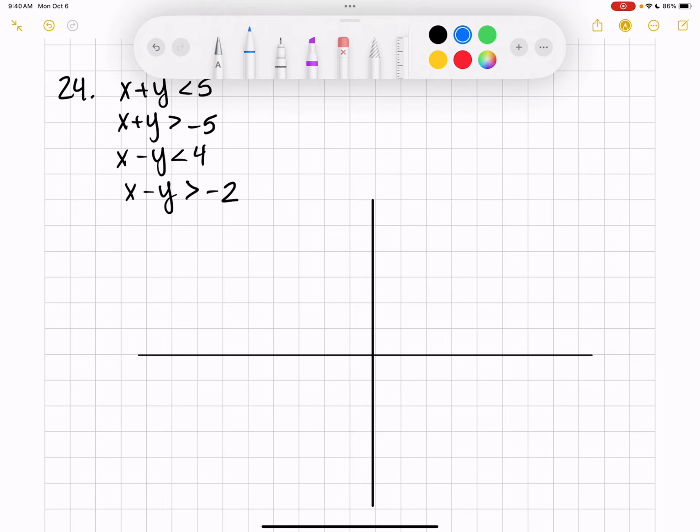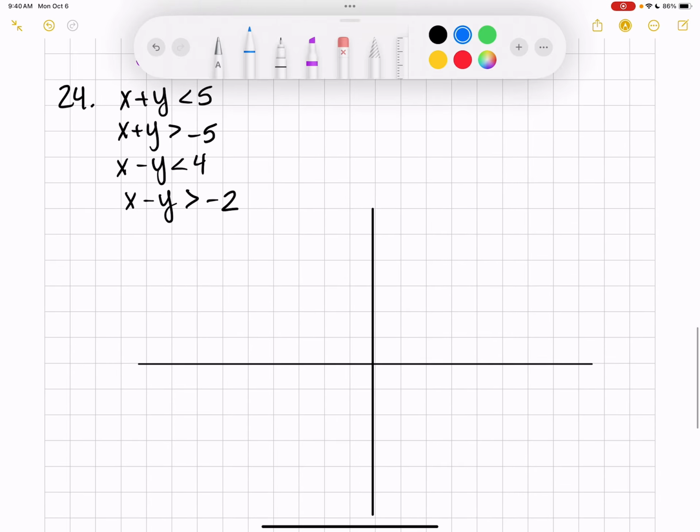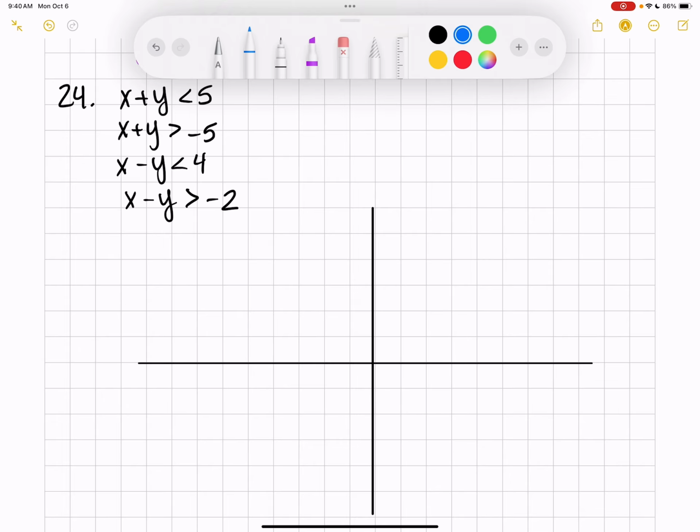All right. So to do this problem, I first need to get y by itself in each of the equations. I'm going to start out with green so it won't get hidden. All right, so y is less than negative x plus 5. I'm going to graph these one by one so I can stay with the color I'm doing.